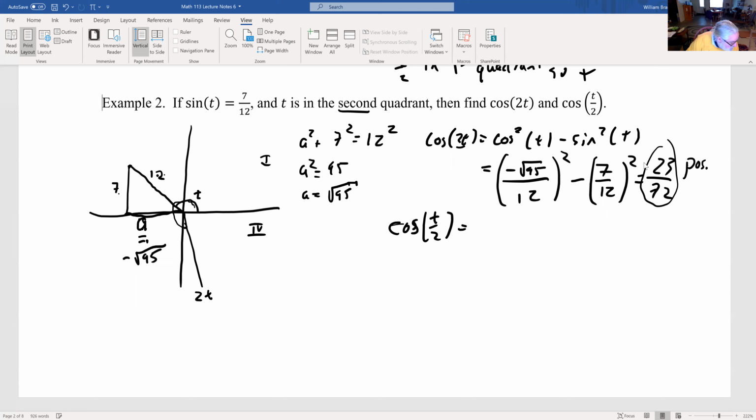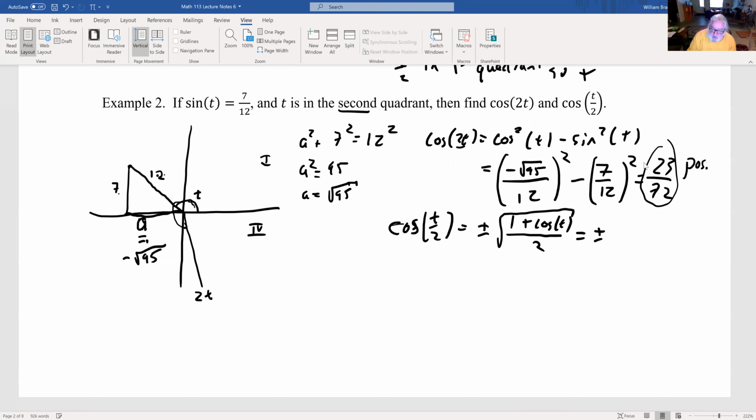Well, like in the same thing, as in the problem before, this is going to be plus or minus 1 plus cosine of t over 2, all inside a square root.